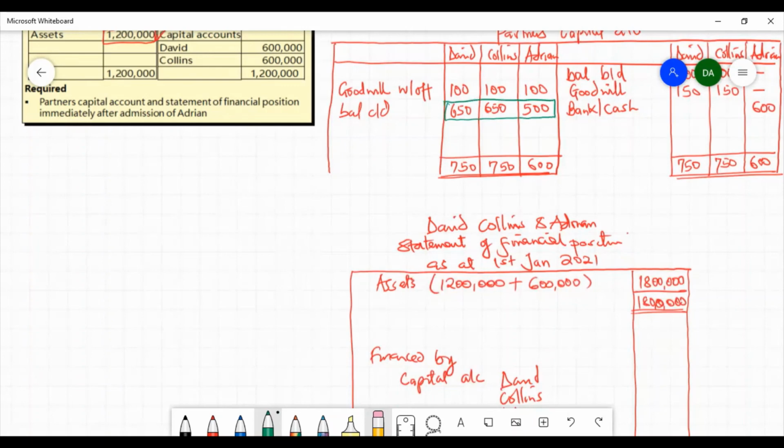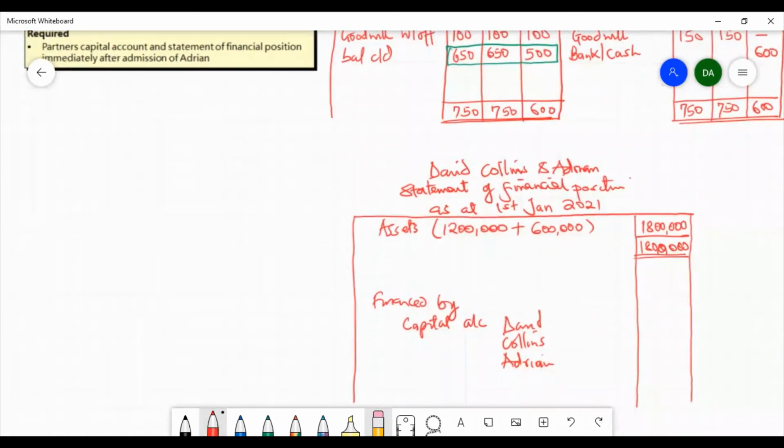As you can see there, that means for David, the balance carried down is 650,000. For Collins, 650,000. And for Adrian, 500,000. And the total of this is 1.8 million.